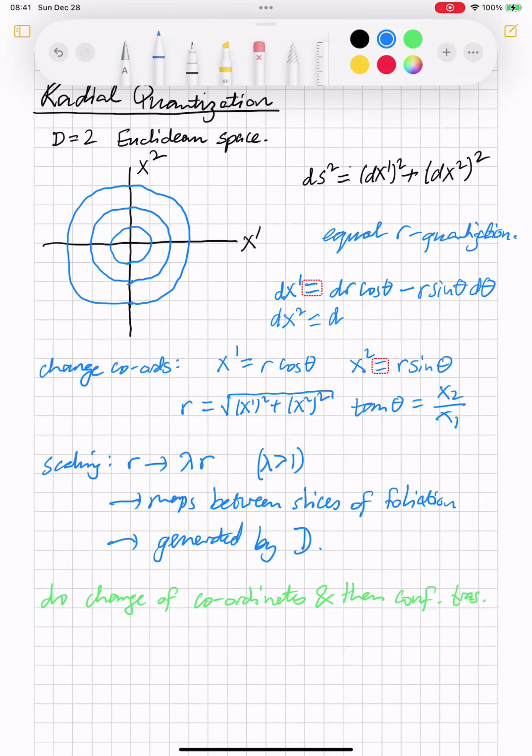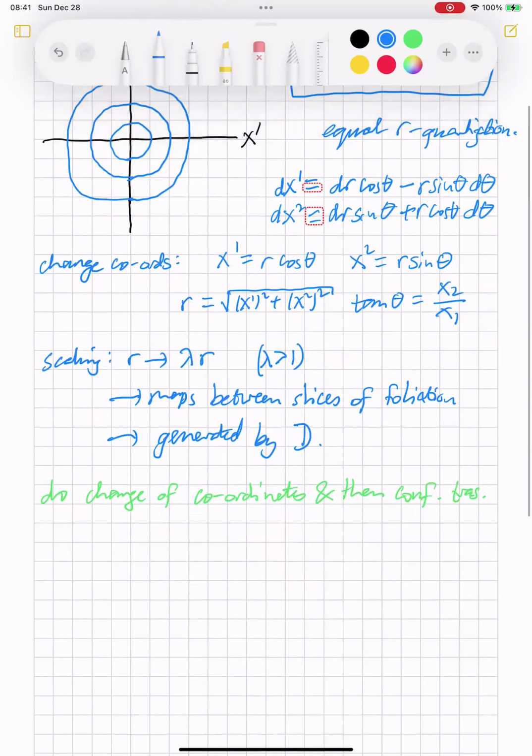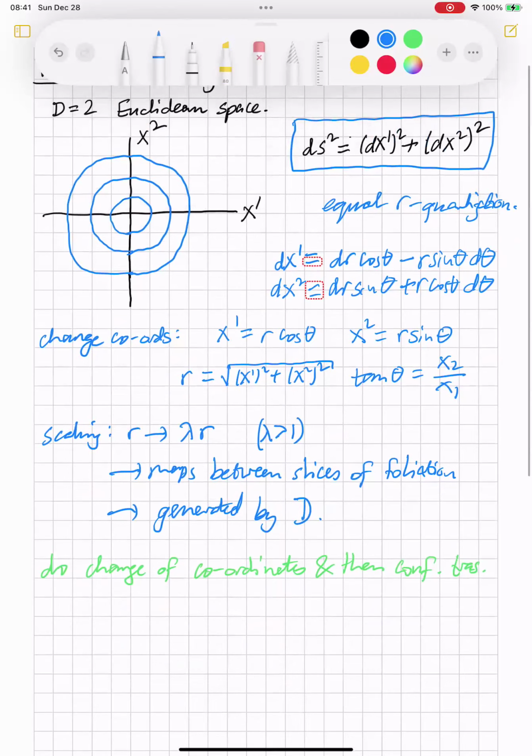No problem at all here. And then dx2 is dr sine theta plus r cosine theta d theta. So there's dx1 and dx2, and now I'm just going to plug it into this form for my metric and manipulate a little bit. I'm trusting that you guys know exactly how to do that. I don't think that is a big deal at all.